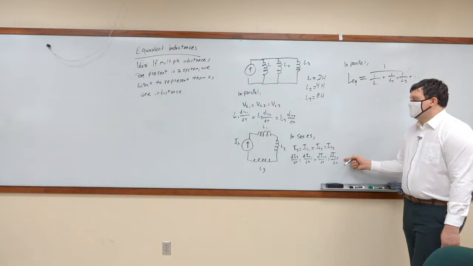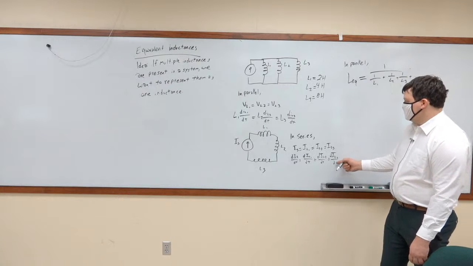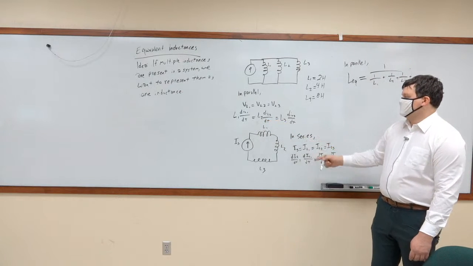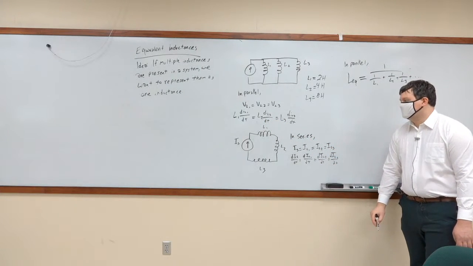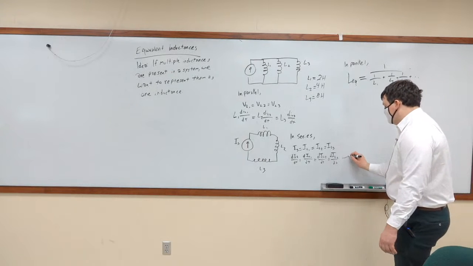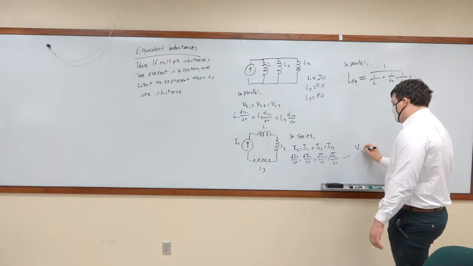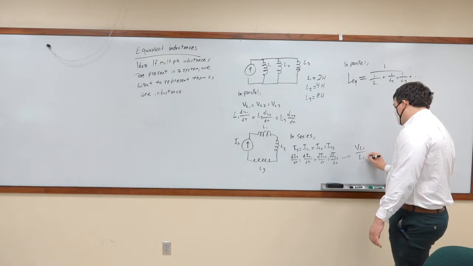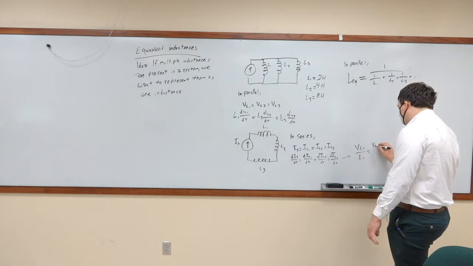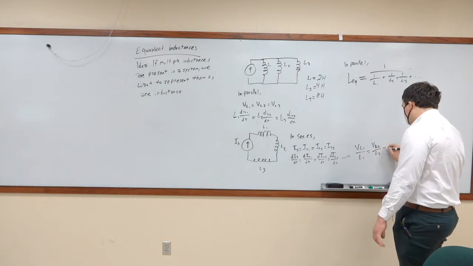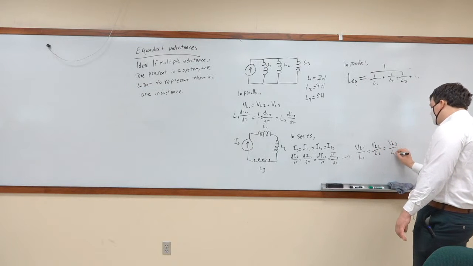Okay? And then if we just plug this back into the equation, if we multiply each of these by L1, L2, L3, all this means that VL1 over L1 equals VL2 over L2 equals VL3 over L3.